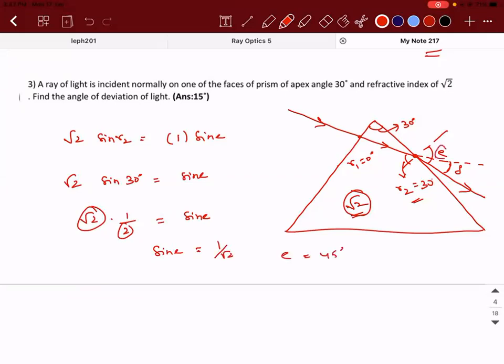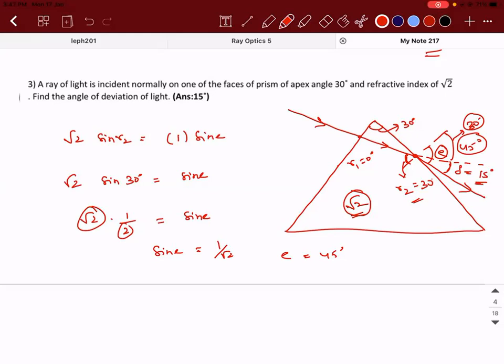So angle of emergence is 45 degrees. Listen to this carefully. If this is 30 degrees because they're vertically opposite angles, then out of 45, if 30 is gone, how much is going to be the angle of deviation? 15 degrees.